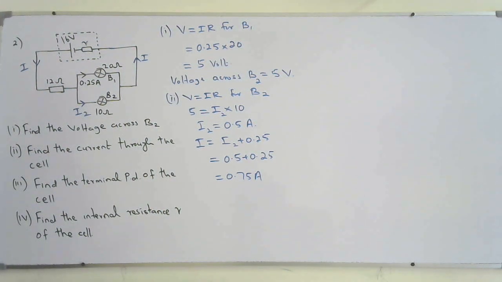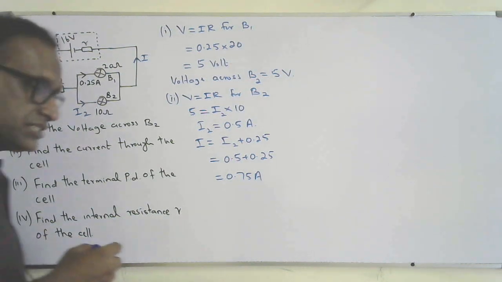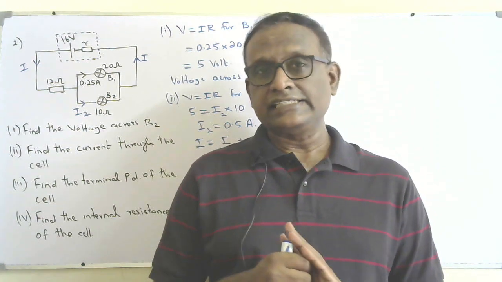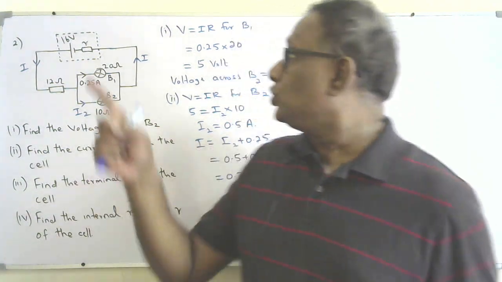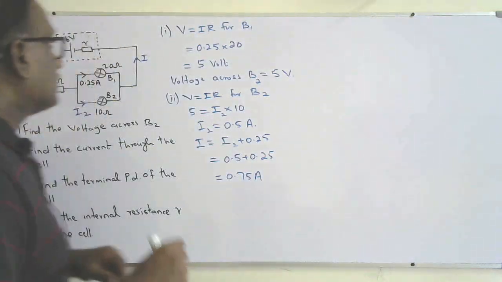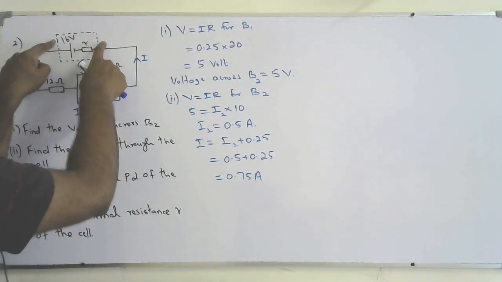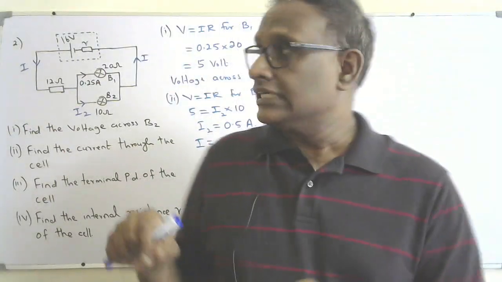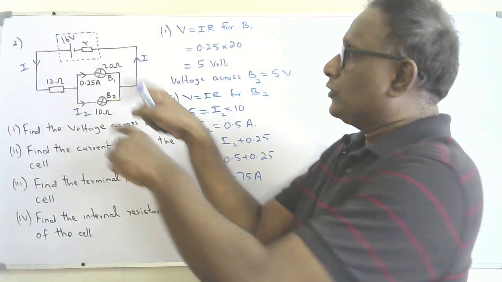Third part, find the terminal potential difference of the cell. Normally we use V equal E minus Ir, that is given in the data sheet. But here I can't use that because I don't know the internal resistance of the cell. But I know the voltage across the terminals of the cell is called the terminal potential difference.